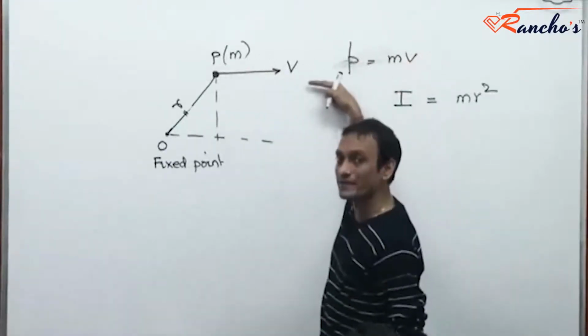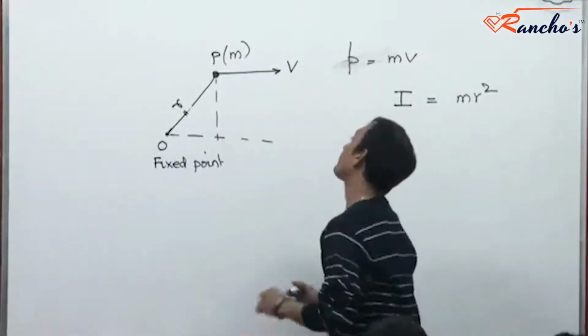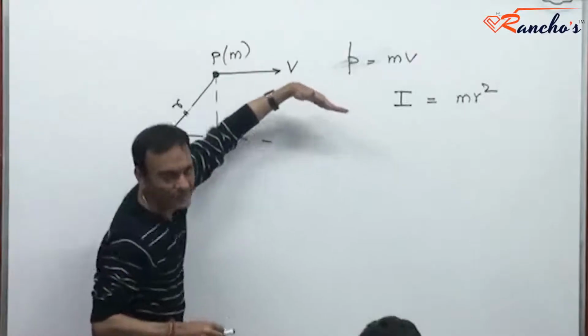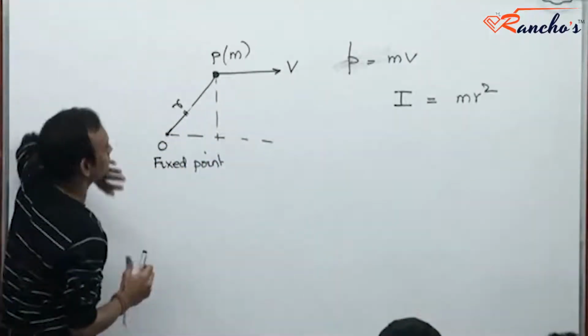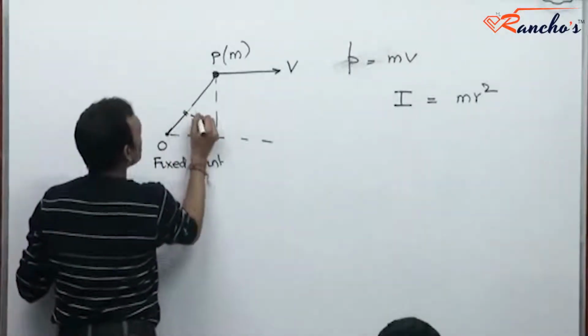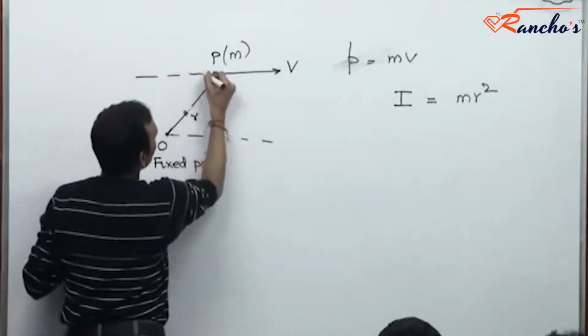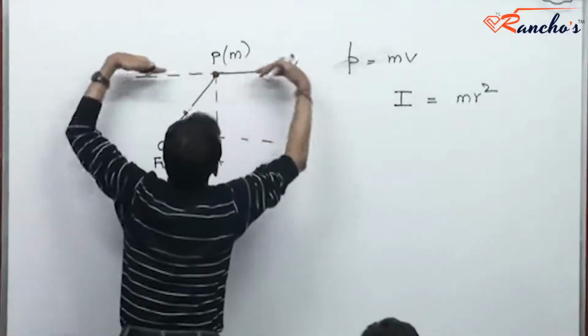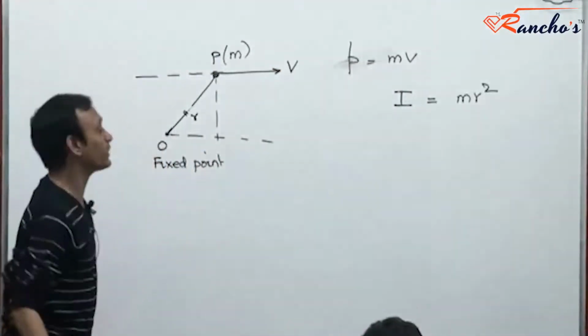The direction of the velocity is the same as the direction of the linear momentum. We say this is the line of action of the velocity or line of action of the linear momentum, right?